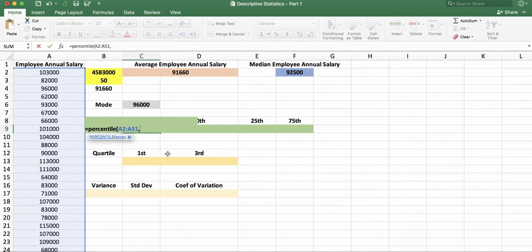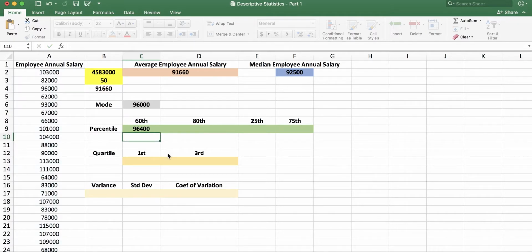The first one is the 60th percentile. We are not going to enter 60. We are going to enter 0.6, which represents the 60th percentile. This gives us 96,400, and this tells me that about 60% of the values in my data set are less than 96,400.